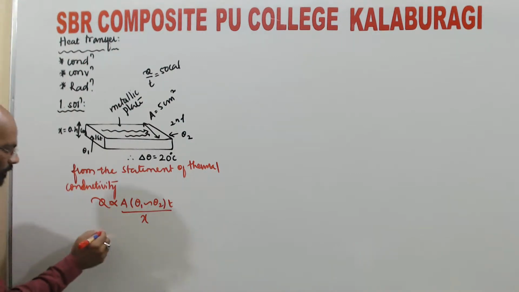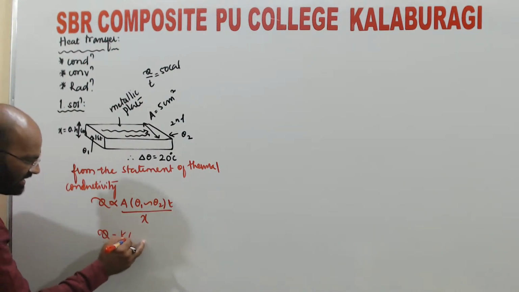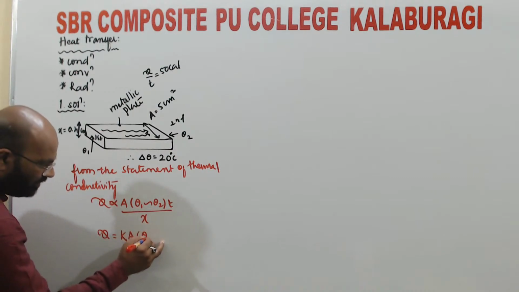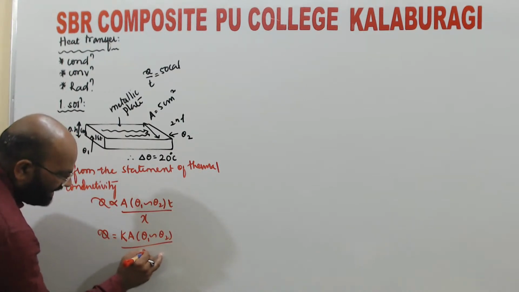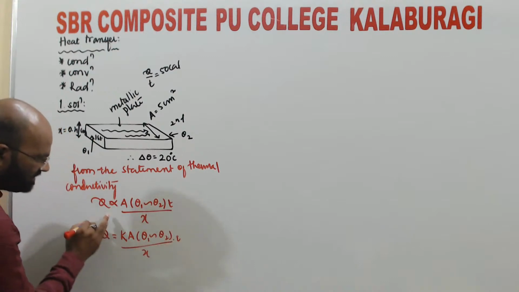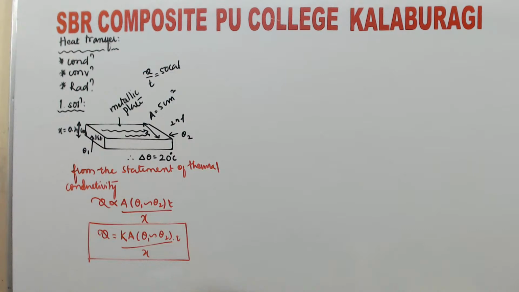If I remove the proportionality, we get Q equals K A (theta 1 minus theta 2) divided by X, into T. This is the statement of the coefficient of thermal conductivity.